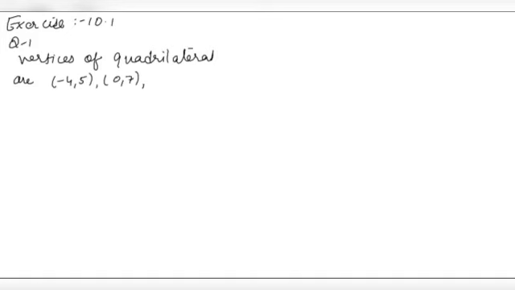So we can see that the vertices of the quadrilateral are minus 4 comma 5, 0 comma 7, 5 comma minus 5, and minus 4 comma minus 2.